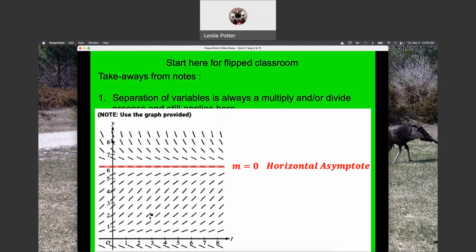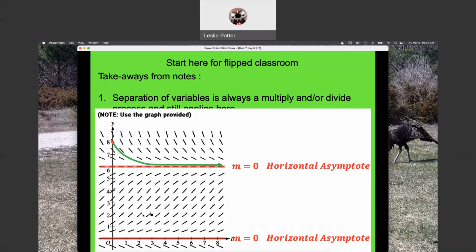And so that means that I have to nail this down so that I can get a specific C. For instance, if I picked a particular solution through the intercept 0, 8, then I know my C would just be 8, because the C is the y-intercept.